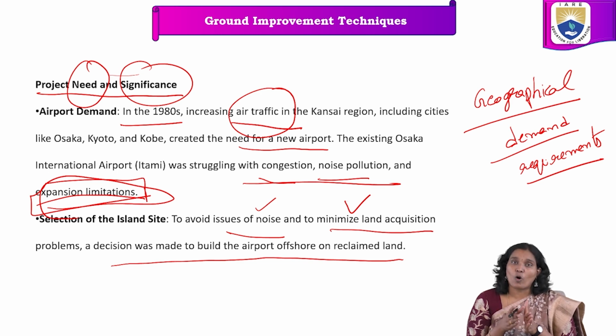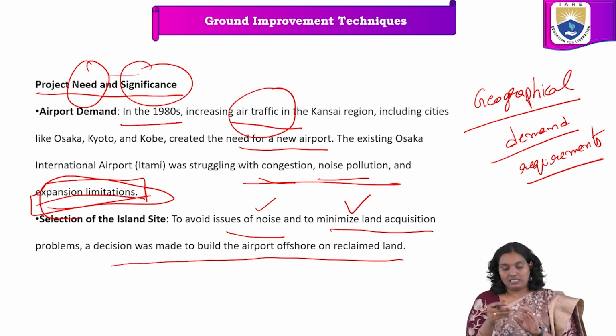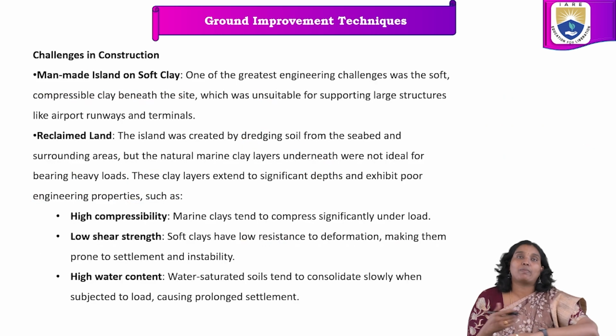So we have to follow the regulations as well as the law. We have to obey the law and all these parameters. Which one is best? We have to choose. As civil engineers, we have to face all these kinds of challenges. So the selection of the site depends upon the various parameters.